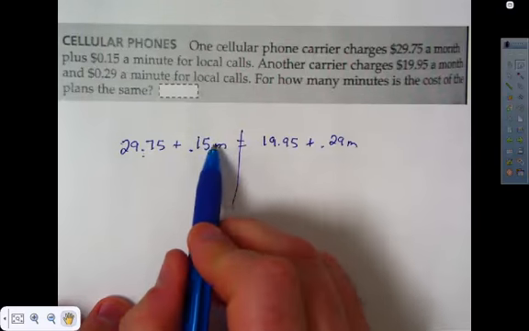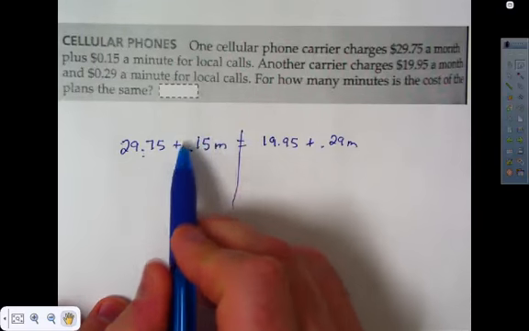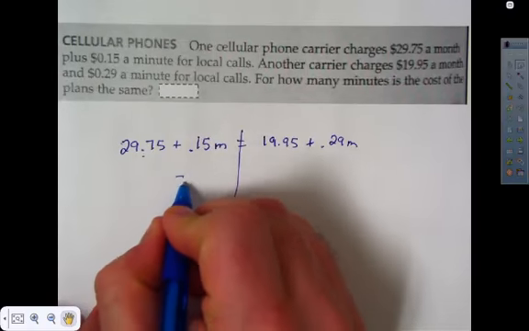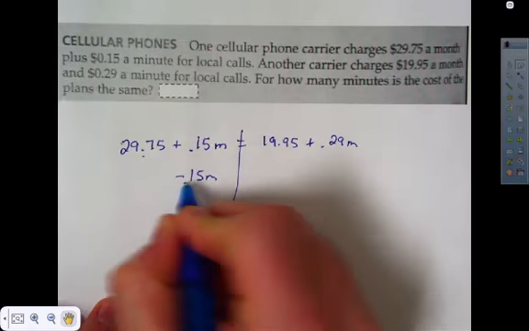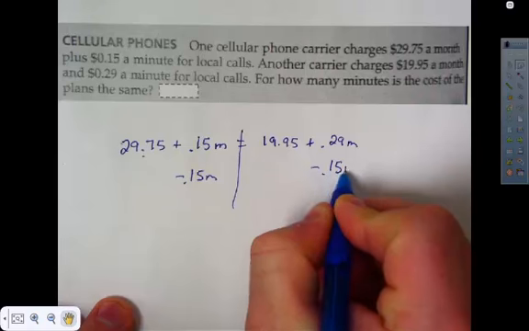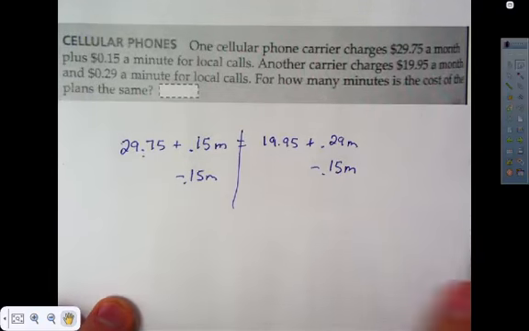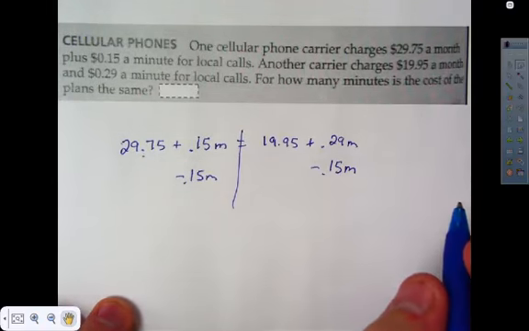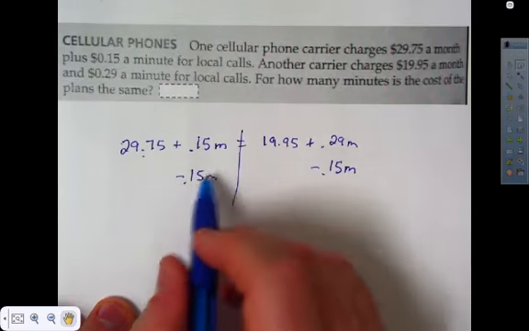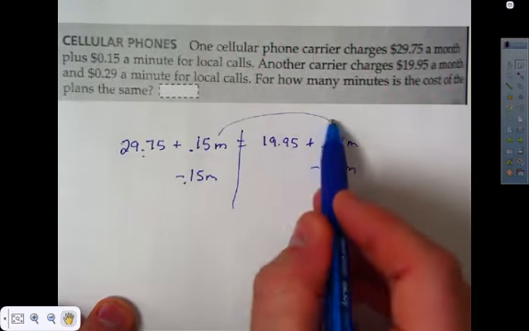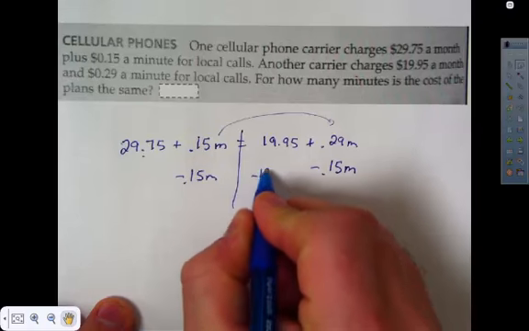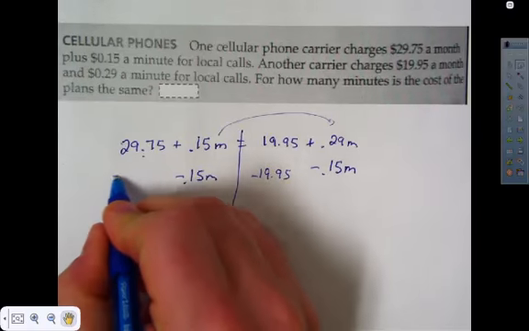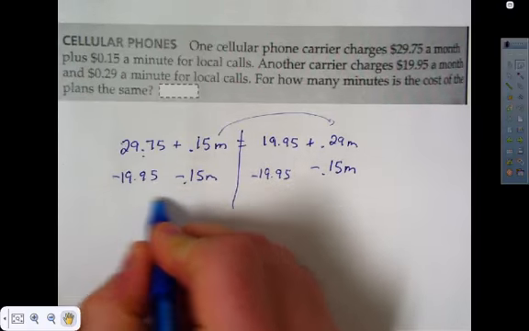In this one, because this rate is smaller, I'm going to subtract that. So if I bring the 15M, 15 cents per minute, over here, I'm going to bring the 19.95 over there. So I subtract 19.95 off and 19.95 off.